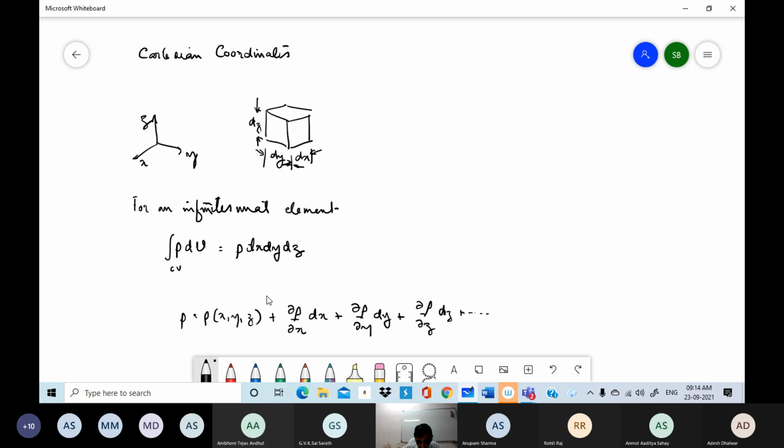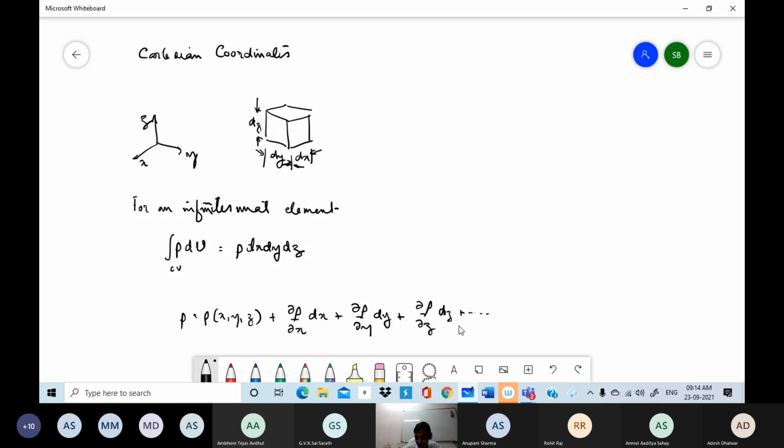Now, if you substitute this here and then carry out the integration, if the element is infinitesimally small, the contribution from these terms would be one order smaller than this. So in the limit dx, dy, dz tending to 0, these can be dropped.